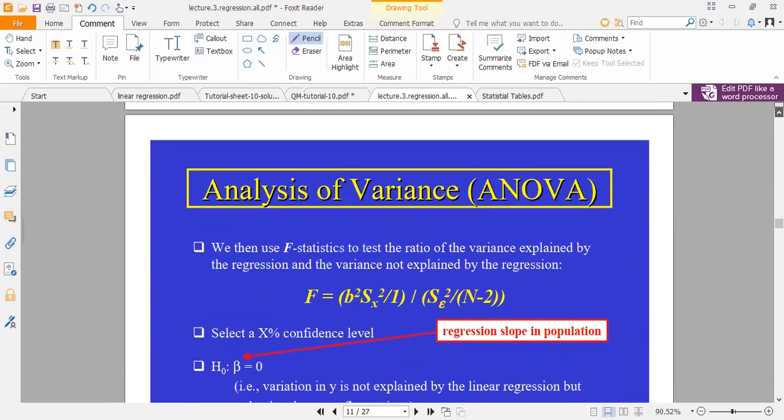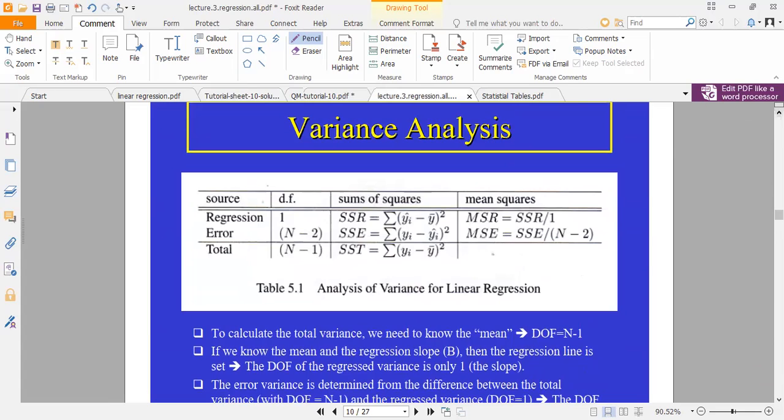So the ANOVA table, we have the linear regression always has 1 degree of freedom here. Then our degree of freedom for the error is n minus 2. Degree of freedom for the total is n minus 1. So when you have our SSR, we add it to the SSE, we get our SS total.